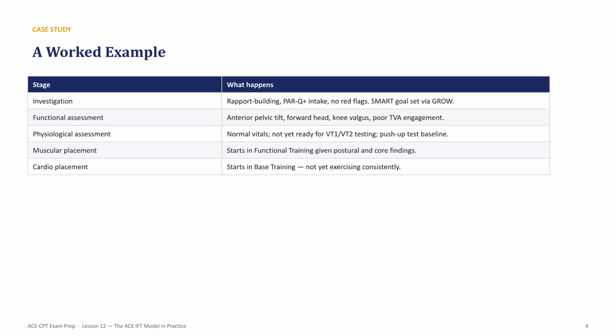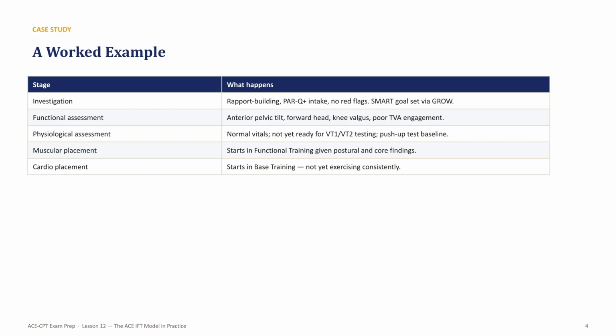Now let's walk through a full case study, stage by stage, so you can see this whole process play out with one real client. Investigation comes first. Rapport building, a PAR-Q plus intake with no red flags, and a SMART goal set using the GROW framework. Next, the functional assessment turns up an anterior pelvic tilt, forward head posture, knee valgus, and poor TVA engagement. That's the transverse abdominis, the deep core muscle.